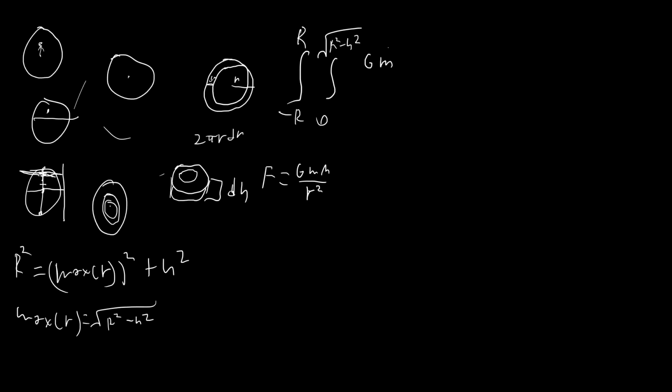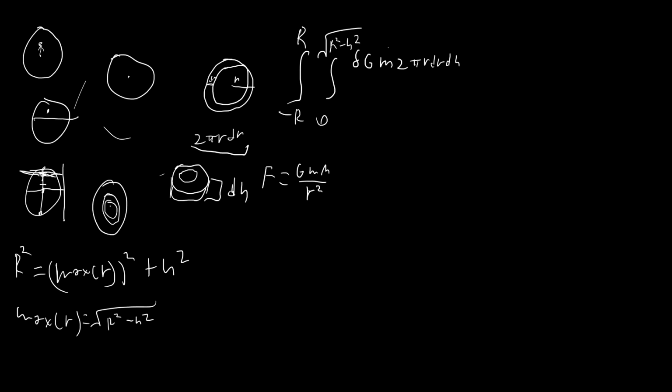For the other mass, of course, we're only talking about the mass of one of these rings. And so that's just going to be the volume of the ring times delta. And of course, the volume, as we said, is going to be 2 pi r, which is the area, times dh. Or 2 pi r dr times dh. And of course, we have to add delta for our density.